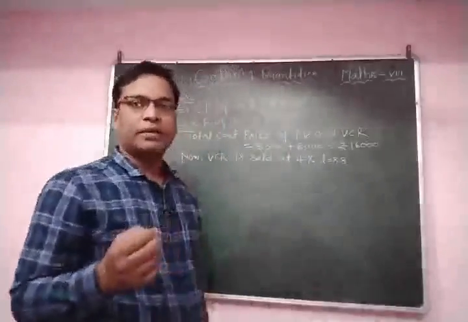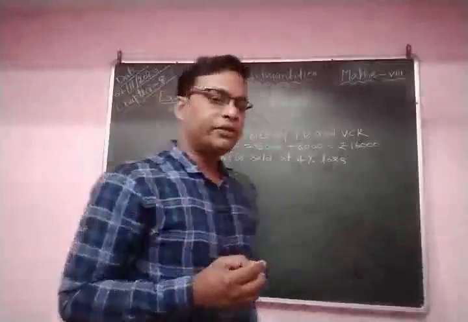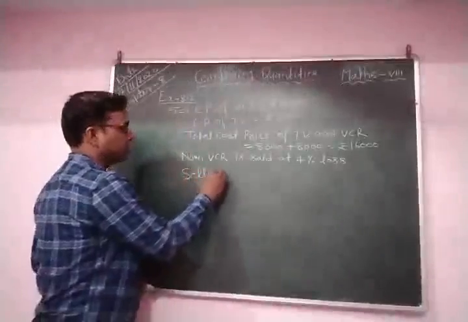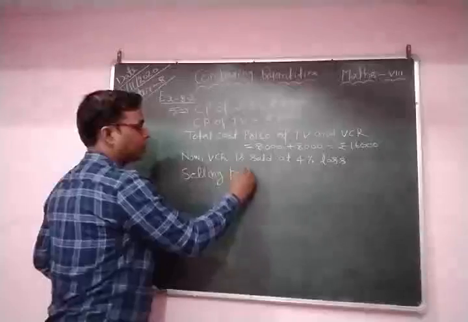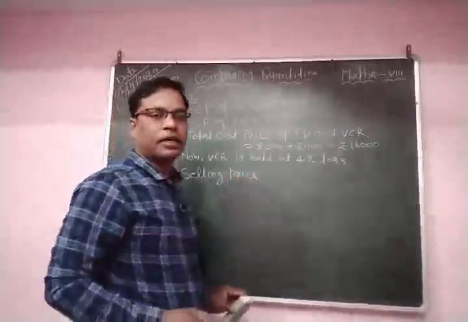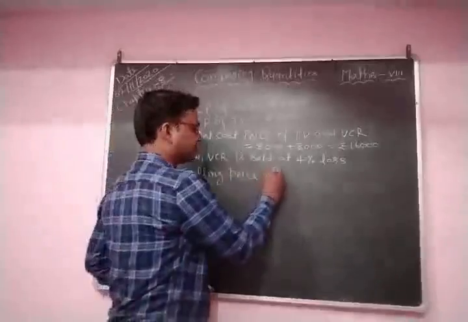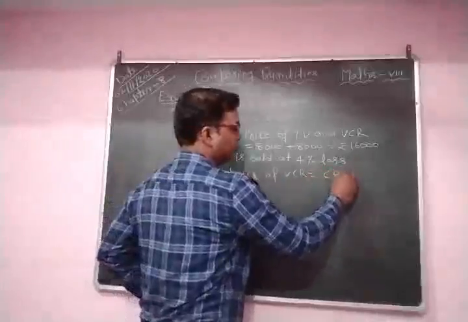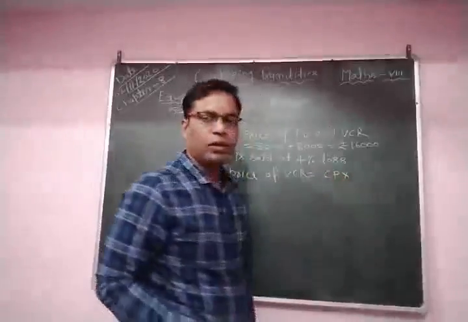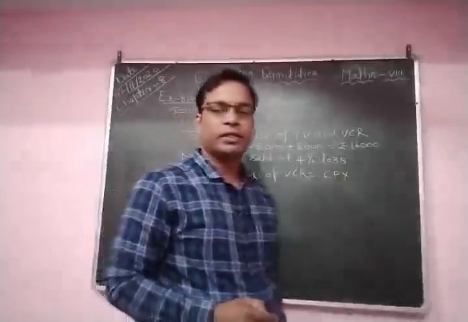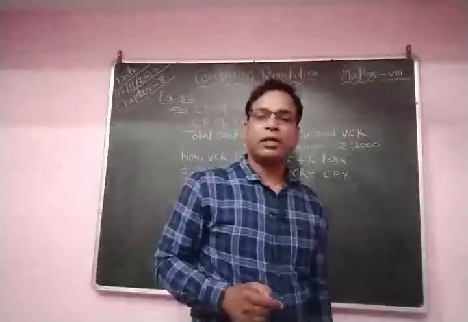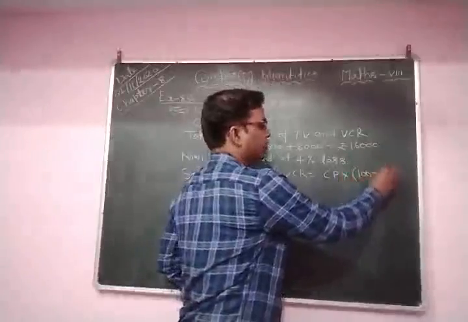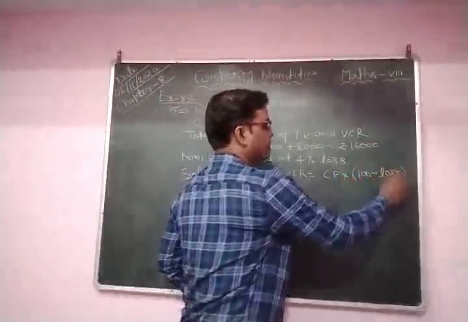You can write it with the help of a tricky formula. Write here: selling price of VCR is equal to CP, cost price, into 1 minus loss, that is, 100 minus loss divided by 100.